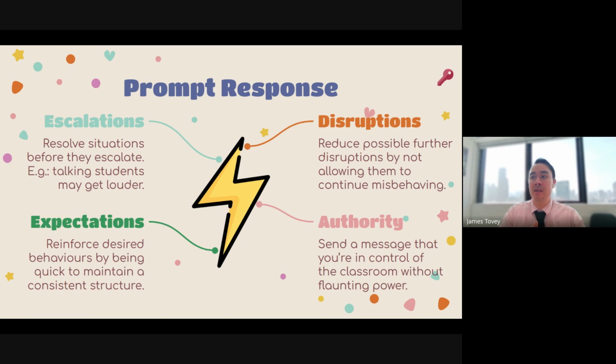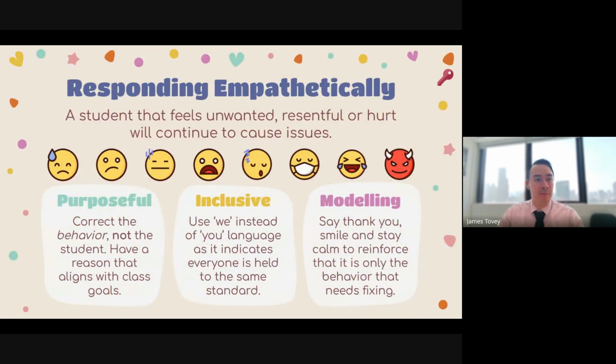But you can still show them that you are the authority figure without doing that in a way that's overtly saying, hey, I'm in control here. So responding quickly is a way to do that. It subtly reminds them that, hey, I'm in control without overtly saying it. Okay. Now, about responding empathetically, we've got quite a bit on this topic, so we'll continue going through.